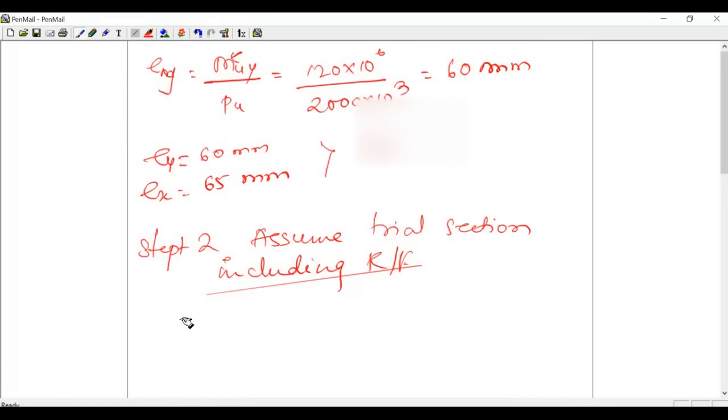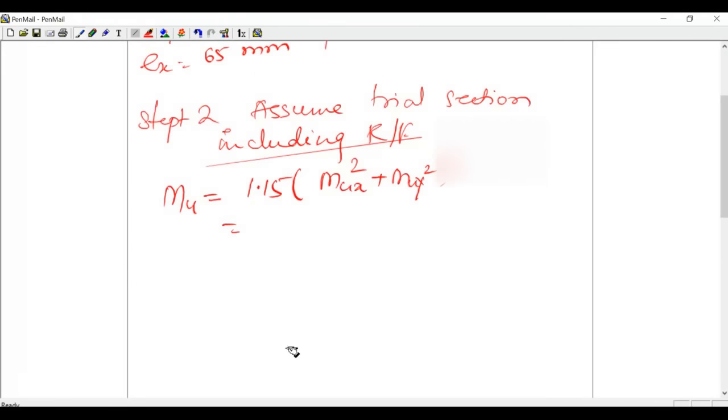So first we need to calculate the resultant moment Mu, which is equal to 1.15 times the square root of Mux squared plus Muy squared, which comes to around 20203.456 kilonewton meter. So this is your actual moment for which the design will take care.